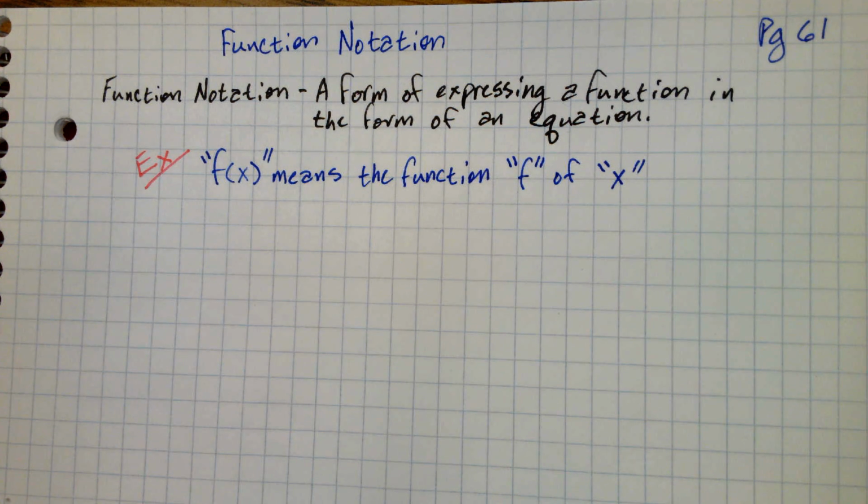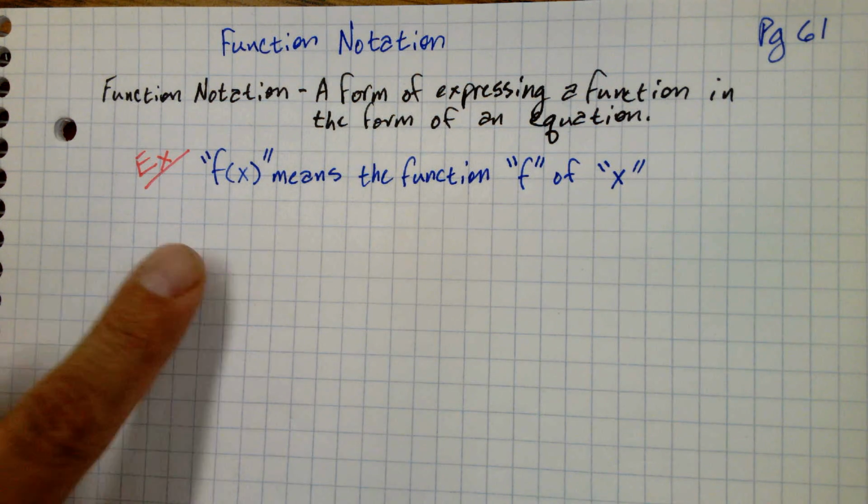If I had a different letter instead of f, say I had g, g is another common variable we use here. The function g of x, or the function h of x, and it doesn't even have to be x. In physics, they like to use the function m of v. It's just a way of telling you we have a function.